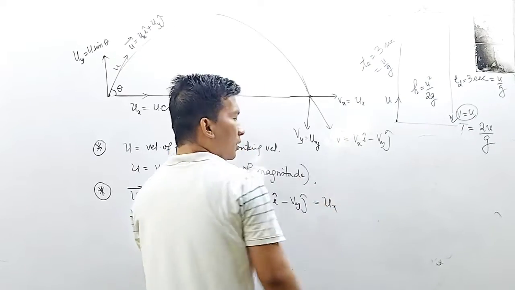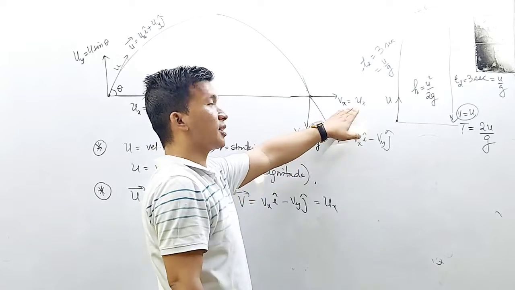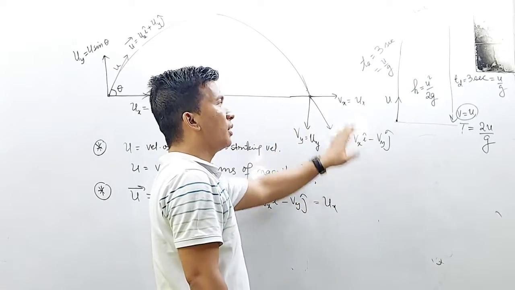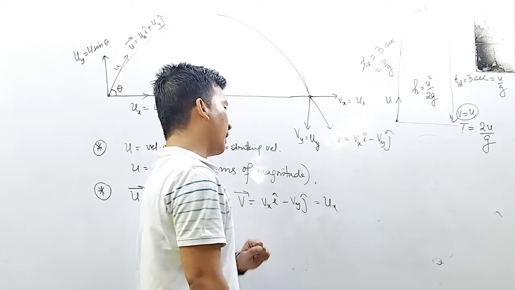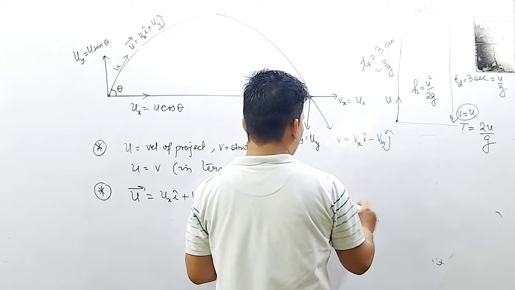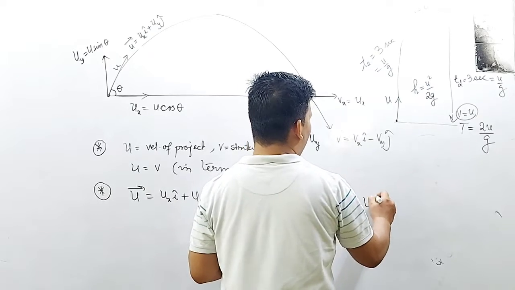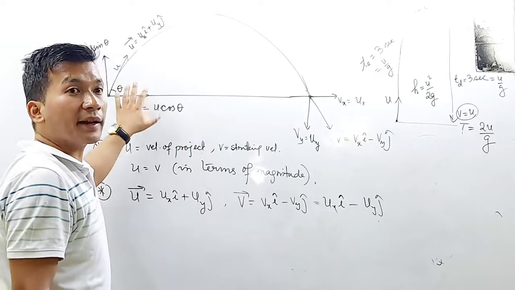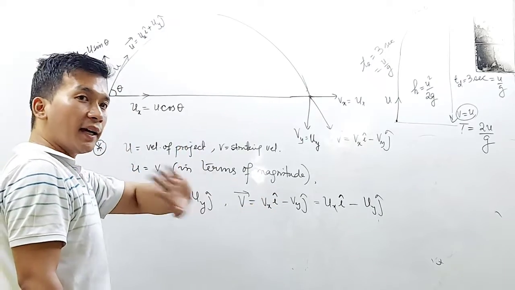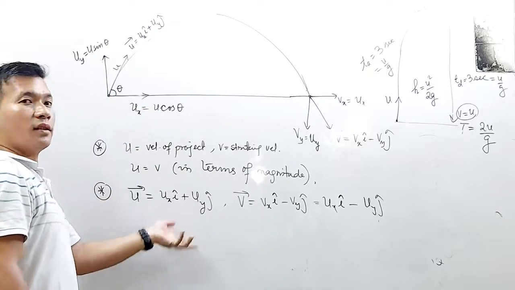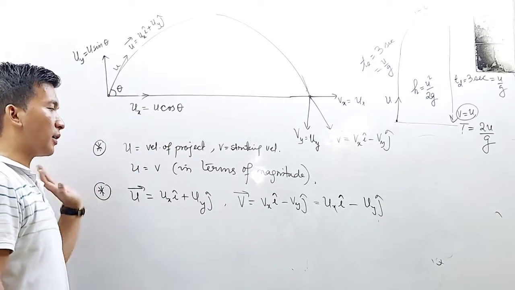So far we have not discussed the second point, but for the time being, understand it like this: ux i cap minus uy j cap. I will skip that one.